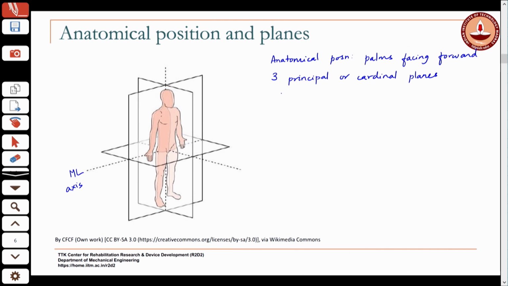When I say something is medial, medial implies it is closer to the midline of the body. And lateral implies that it is farther from the midline.